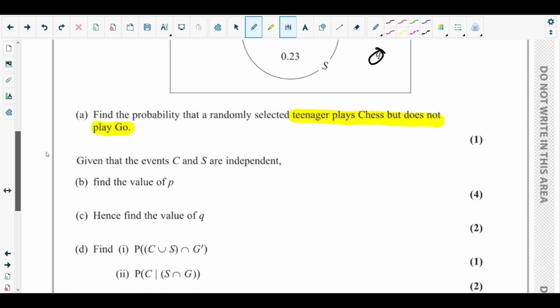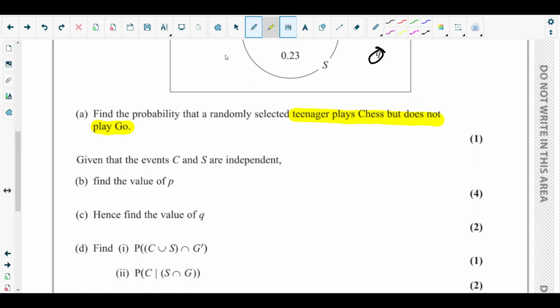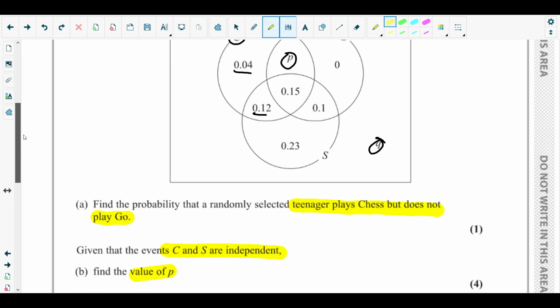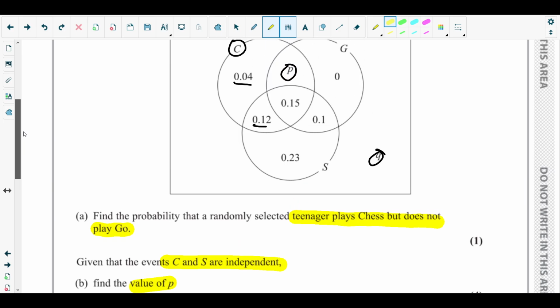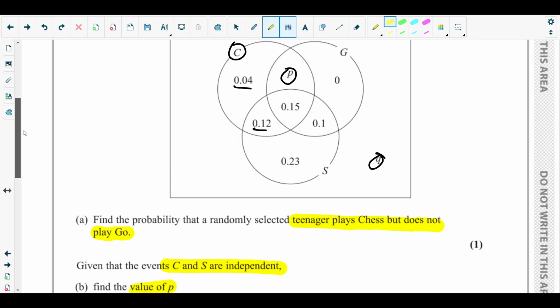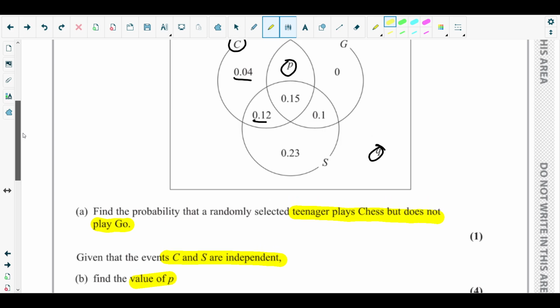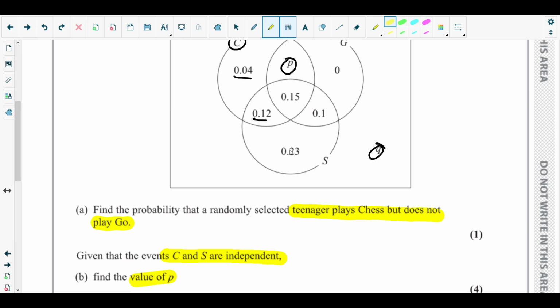Done. Next, for part B, given that the events C and S are independent, they ask us to find the value of P. At first, consider the probability of S. This is 0.23 plus 0.1, which is 0.33.